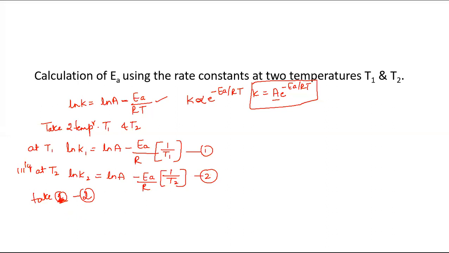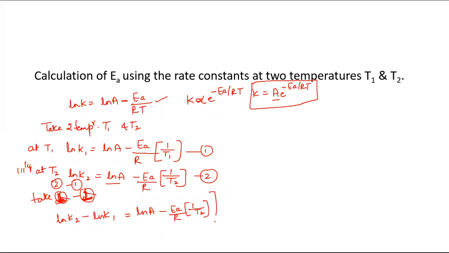Now ln K2 minus ln K1, 2 minus 1, sorry, is equal to ln A. See, this equation I'm taking first, don't get confused. This is equation 2 minus equation 1. Sorry, the equation 2, I'm writing it here first: ln A minus EA by R times 1 by T2.